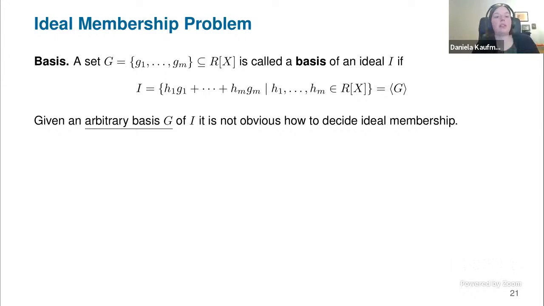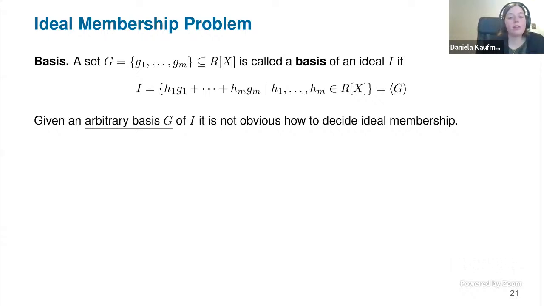Yeah, and for that, we actually need one other definition, namely the basis of an ideal. So a set of polynomials is called the basis of an ideal if all elements from an ideal can be represented as a linear combination of the basis elements.